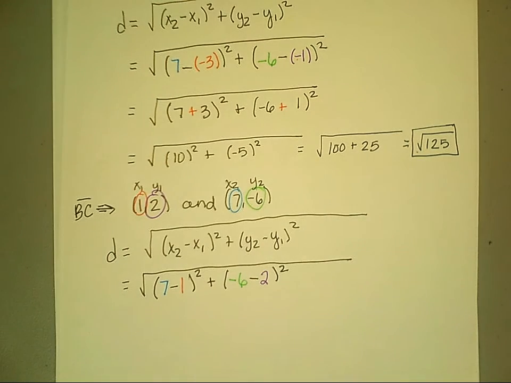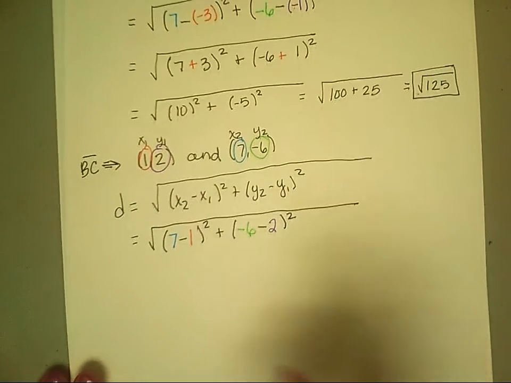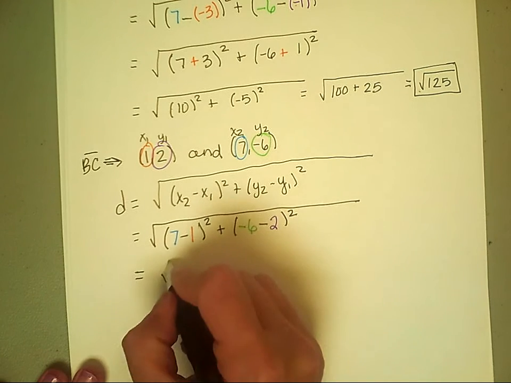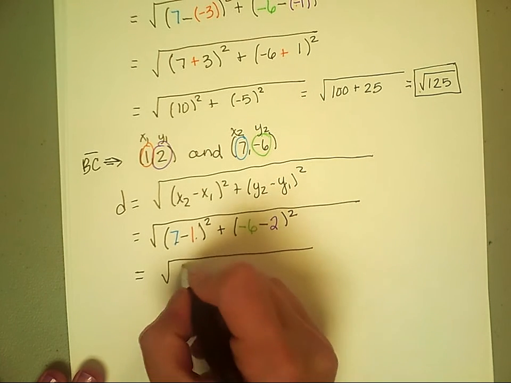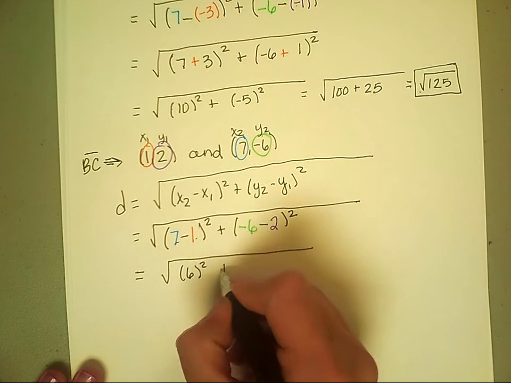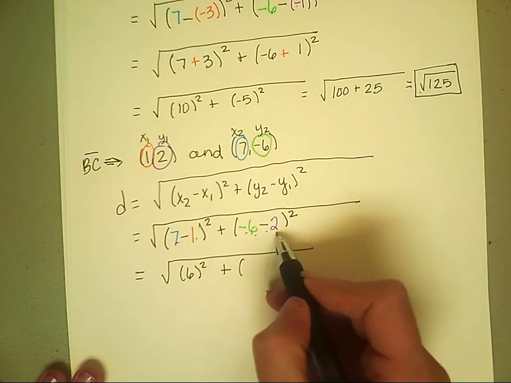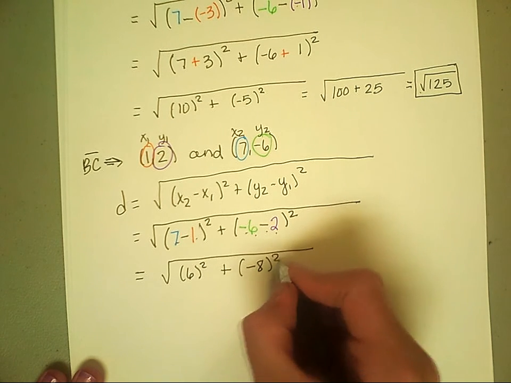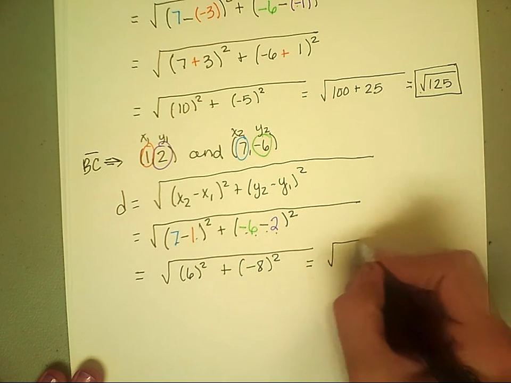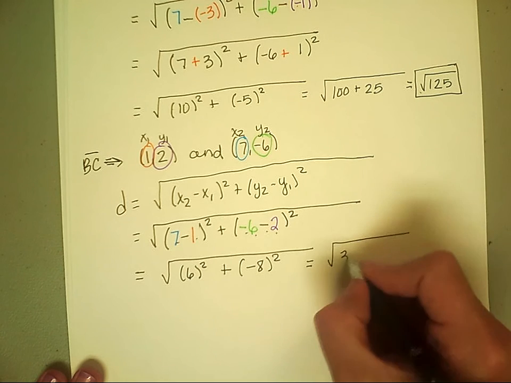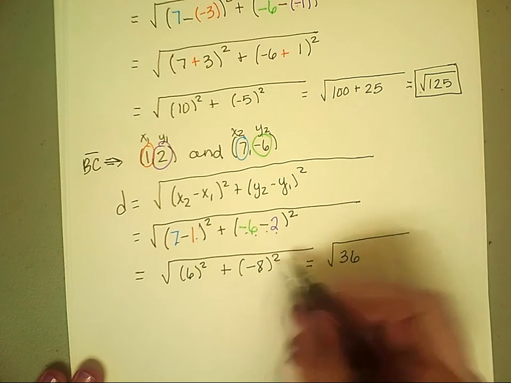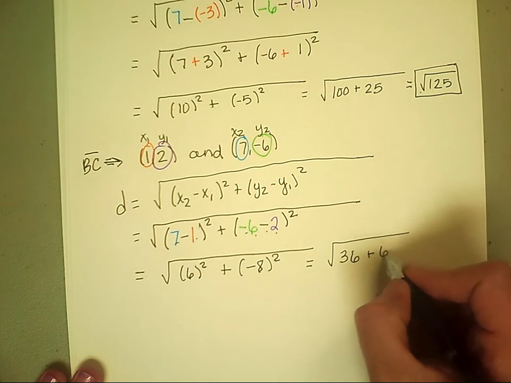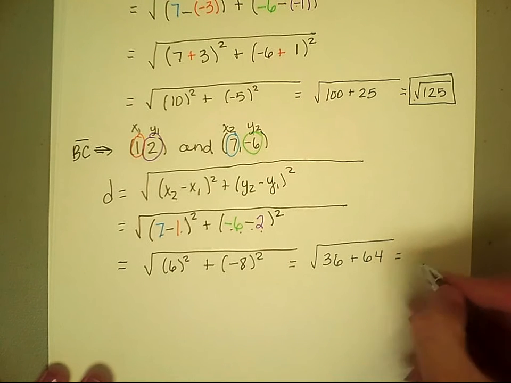And that'll get squared. So this is the square root of 7 minus 1 is 6. That needs to be squared. -6 minus 2 is -8 squared. 6 squared is 36. -8 squared is positive 64.